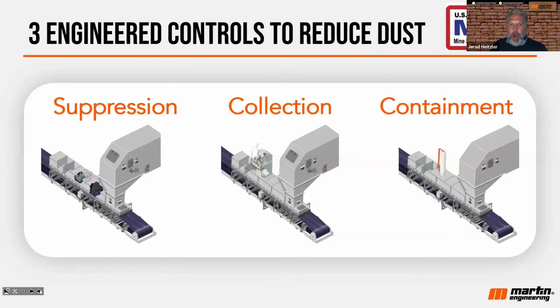Suppression is adding water, or sometimes water with a chemical or surfactant, to suppress the dust. Collection techniques would be dust collection systems that extract dust from the process. However, containment is simply using the performance components that we talked about earlier to slow down the airflow and let the dust fall out of suspension.